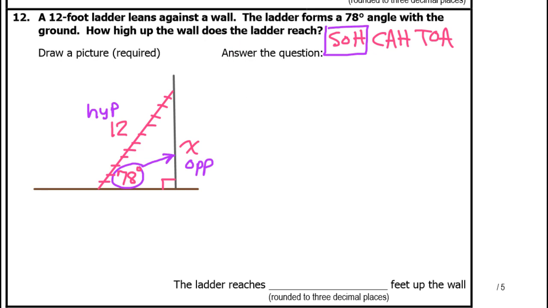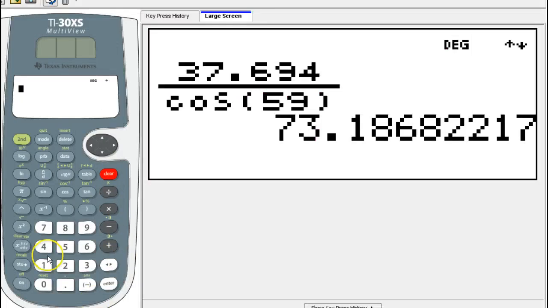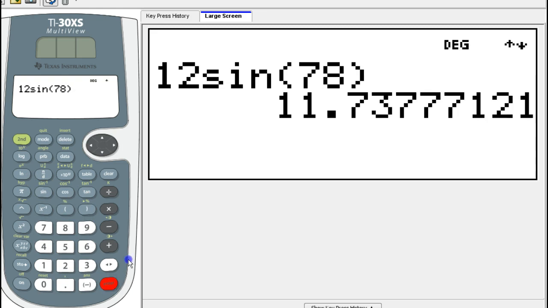So I will have sine 78 is equal to x over 12, opposite over hypotenuse. When the variable is in the top, that's when you multiply both sides by the denominator. That will give me 12 sine 78 is equal to x. And you can put that in your calculator. So that's 11.738.